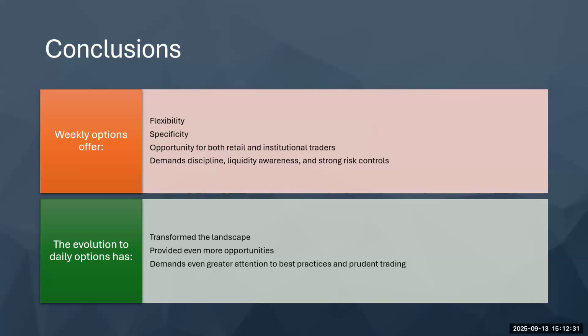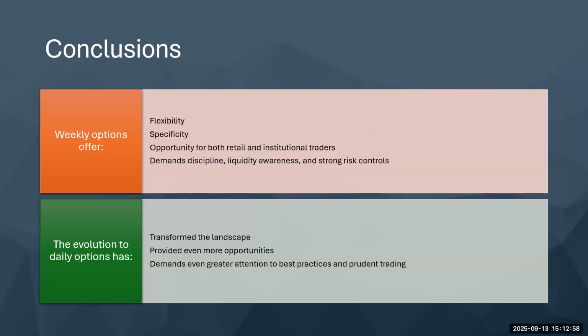But it requires discipline. You don't want to get carried away with those weekly options, because the tendency is, the shorter the time frame, the more often you're going to lather, rinse, repeat, and it's going to cost you more money. Sometimes, if we lose money in one trade, we try to make it back in the other.